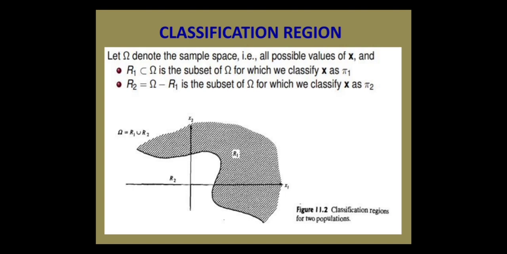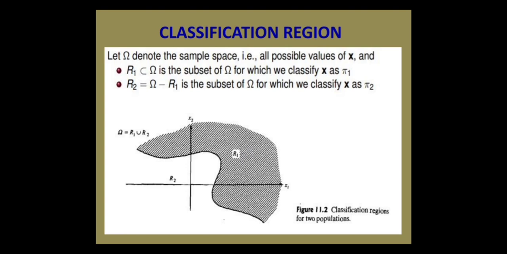Okay, so let me illustrate this example. Let omega denote the sample space, which is all the possible values of X. Maksudnya semua sekali lah dekat sini, omega tu. And R1 will be a subset of the omega, which is the first region dalam contoh ni, figure 11.2.